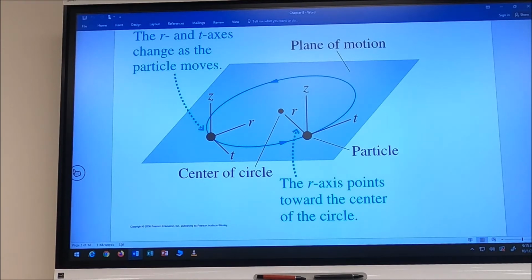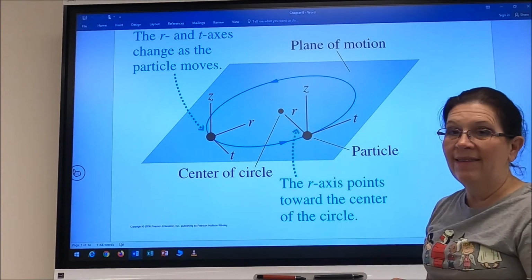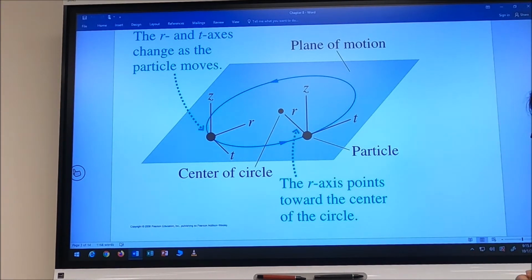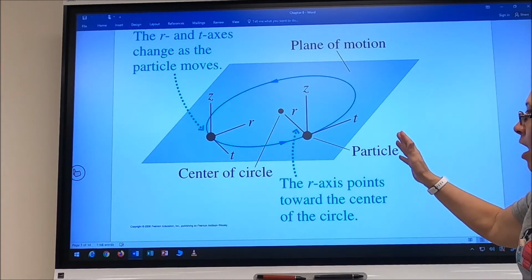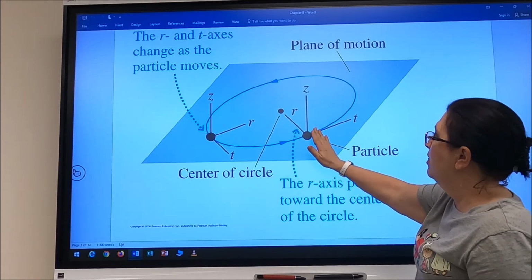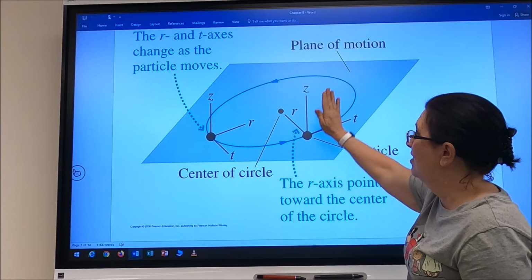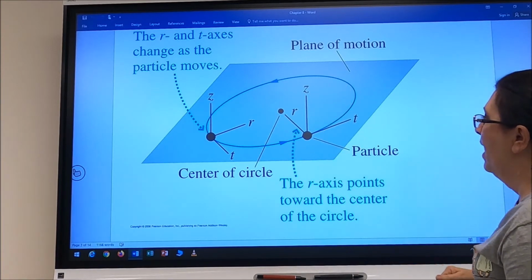Now, things to remember here. The plus r-axis points in toward the center of the circle. We're not used to that, but the plus r-axis points in toward the center of the circle. The plus t-axis points in the counterclockwise direction, and the plus z-axis is up from that plane.